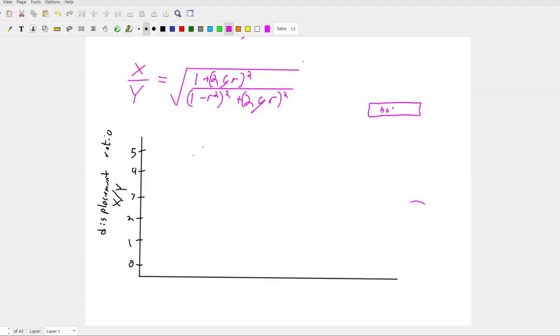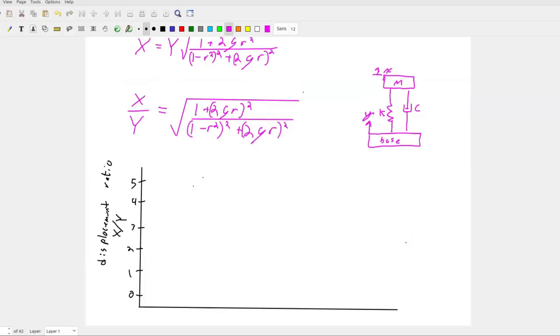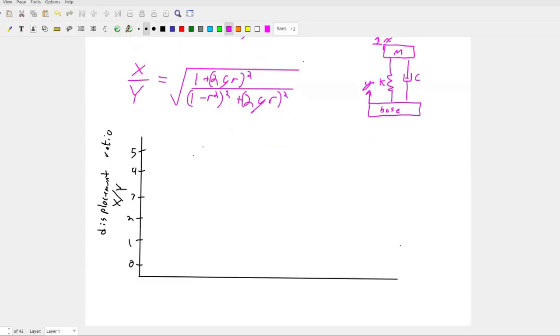I have my base, I have my y moving up. My stiffness, k, it's a beautiful spring. Damping, c. I have my mass, and I have x positive and up, right? So if I move y up 1 millimeter, x goes up 1 millimeter when I have a displacement ratio of 1. And then I have my frequency ratio here.